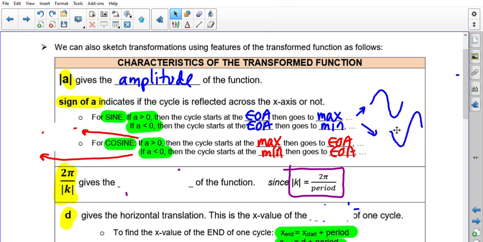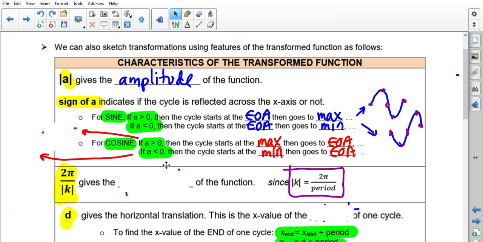So it'll look like this: equation of axis, minimum, equation of axis, max, equation of axis. Okay. So still all those key points, right? 1, 2, 3, 4, 5.